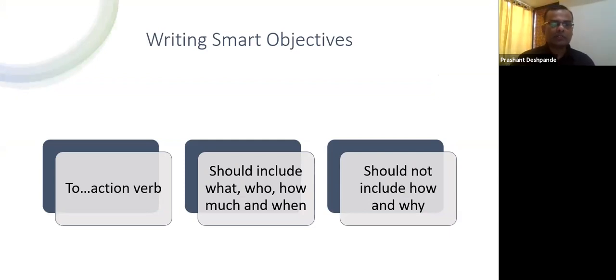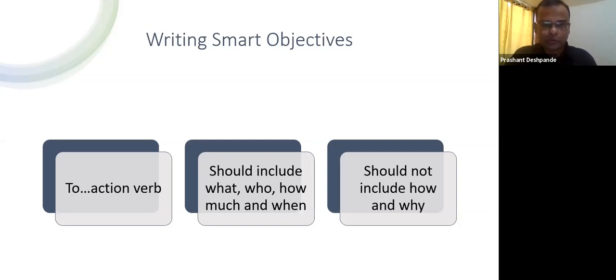First, we have to start with an action verb: to reduce, to increase, to decrease. And we should include what has to be done and for whom we are doing it, whether under 5 children, pregnant women, or whichever kind of beneficiary you have.